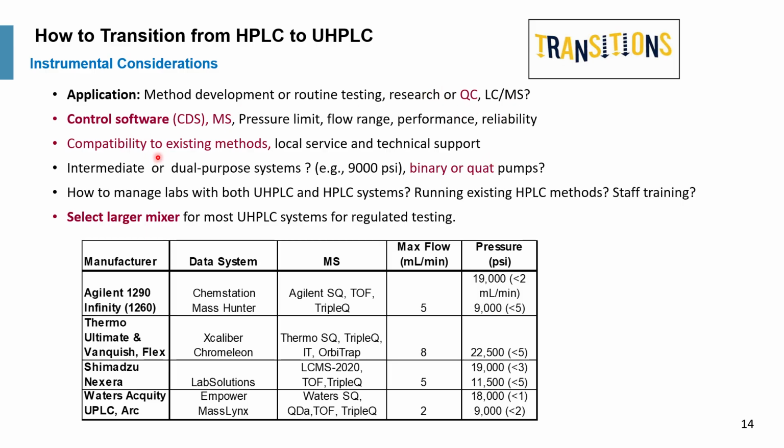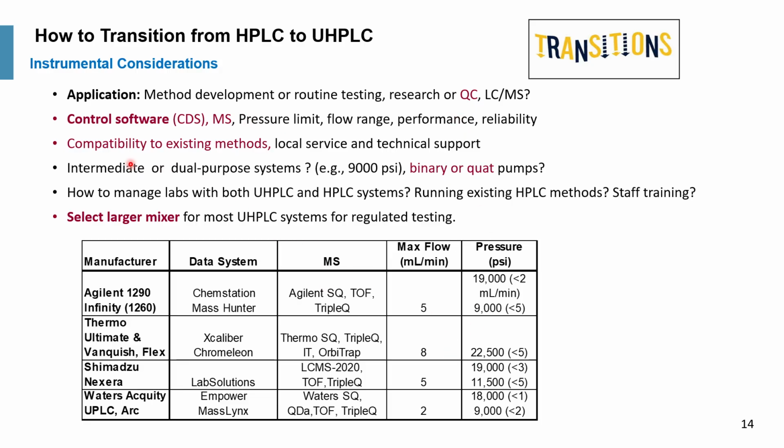Second major consideration is the control software, CDS. It is much more advantageous to order the UHPLC from your CDS vendor. Also, often the mass spec that you're going to run on it, which might have a different control software, might actually trump the other considerations.